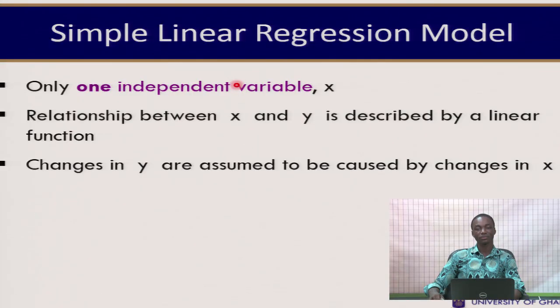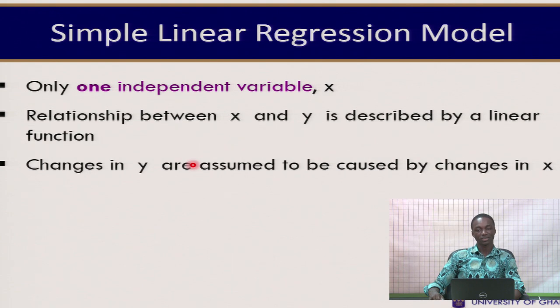But we will deal with the linear regression model, and under the linear regression model, we shall deal with a simple linear regression model. In this model, you have only one independent variable and one dependent variable, and the relationship between x and y, that is our independent variable and our dependent variable, is described by a linear function.